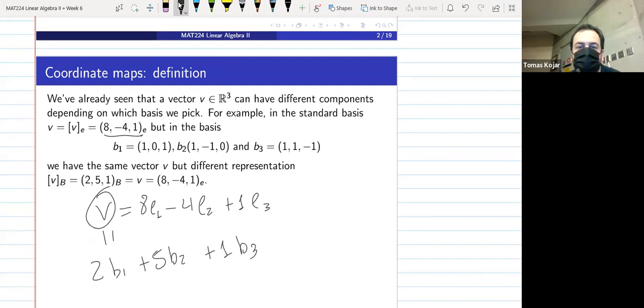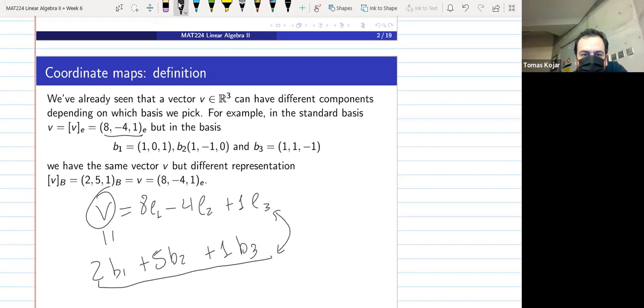Same vector, two representations. So you can check yourself that you can go from here to here and vice versa. Is that okay? Is it hard? Okay, let me try it.